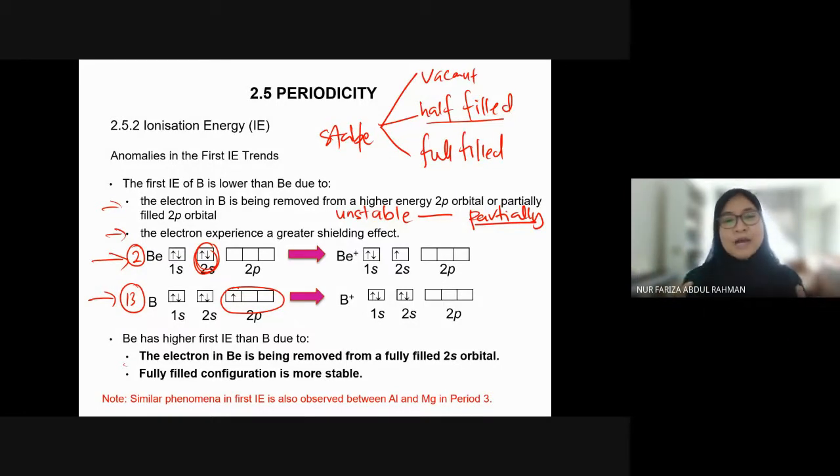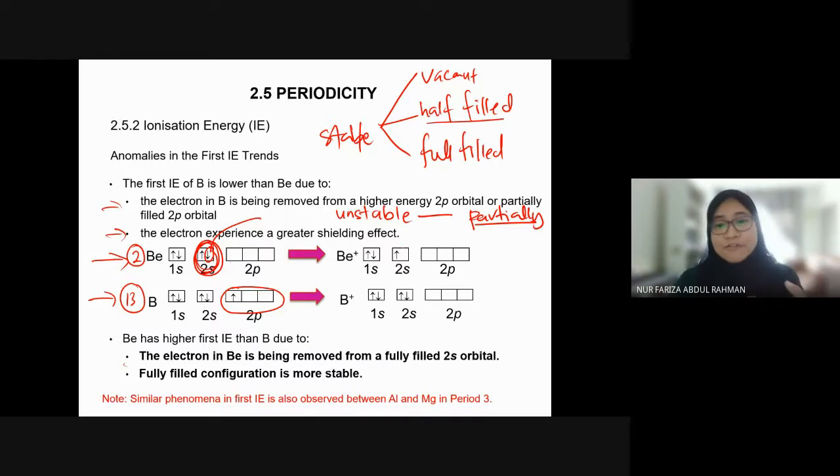Sama juga maksudnya, if you try to disturb something that is already stable, you need a lot of energy in order to do that. Sama juga konsep dekat sini sebab this is stable kan. So you want to disturb this, you want to remove one of the electron out, that means you require higher energy.